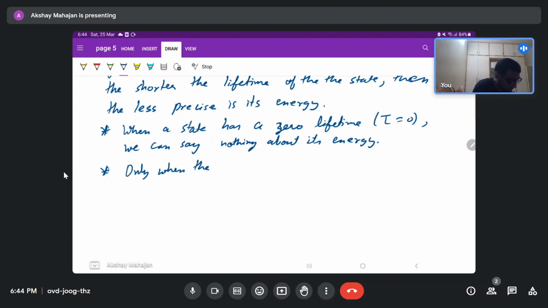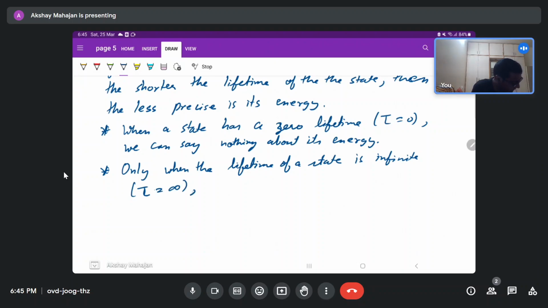Only when the lifetime of a state is infinite, that is tau equals infinity, can the energy be specified exactly.